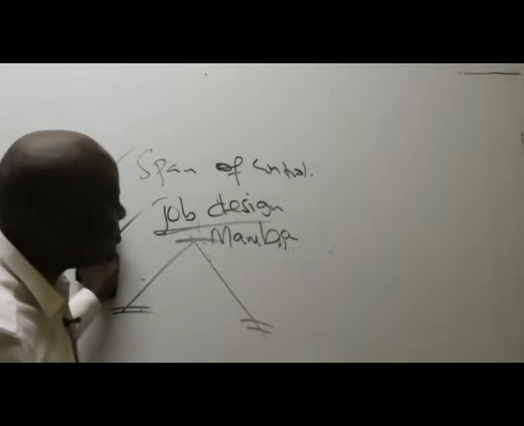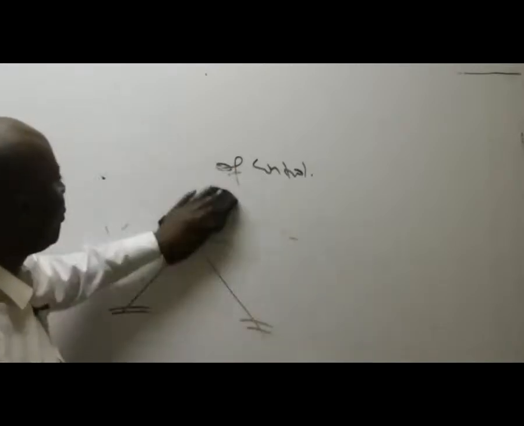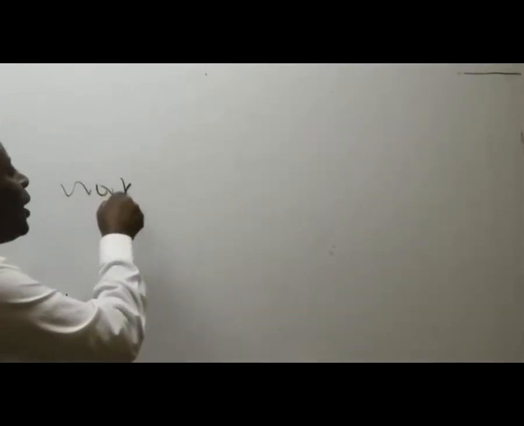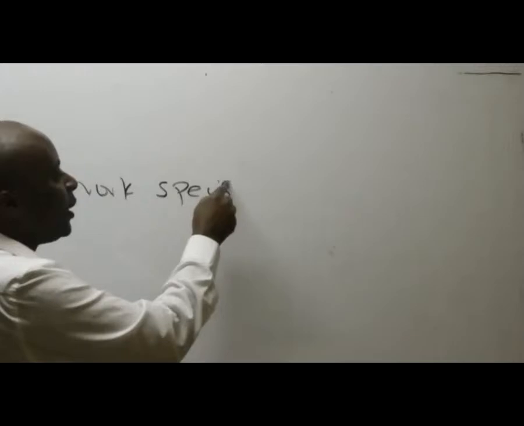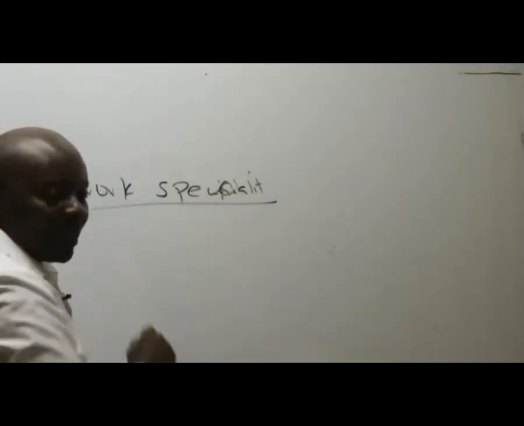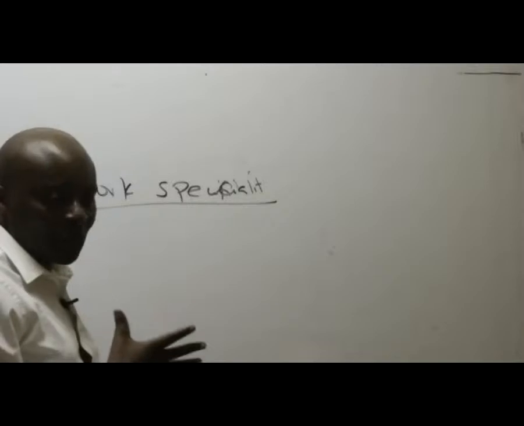The other one that I've seen that shows me that these students are quite good is the concept of what here? Work specialization, yes. Ladies and gentlemen, Mamba is a big company, you can see it's a multinational.